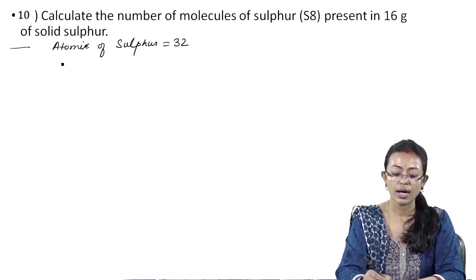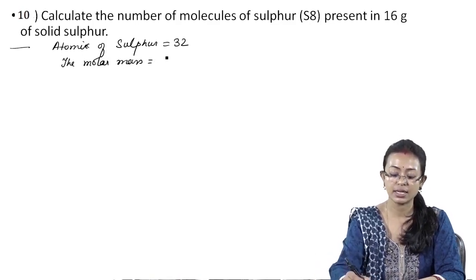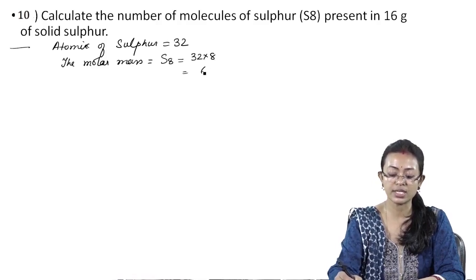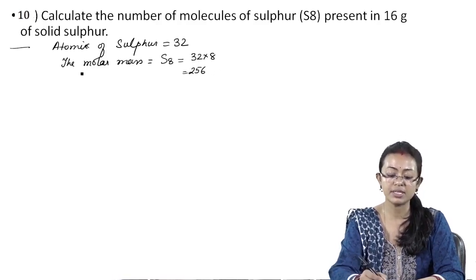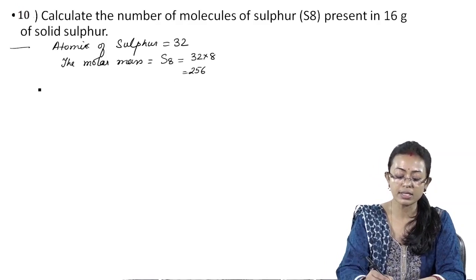So the molar mass would be equal to, as it is given, S8. That means there are 8 atoms. That is 32 into 8. So 8 2s are 16, 8 3s are 24, 25, 256 unit. That means the molar mass is 256 unit.